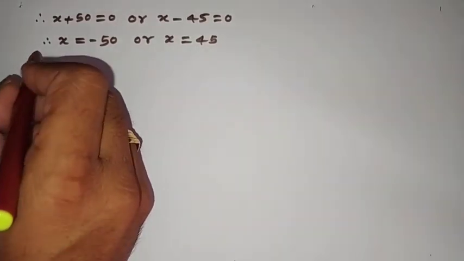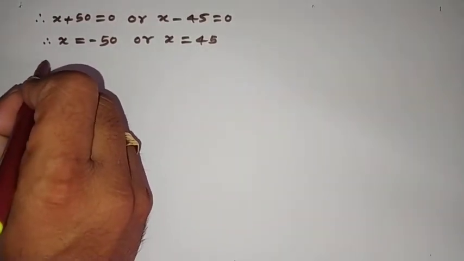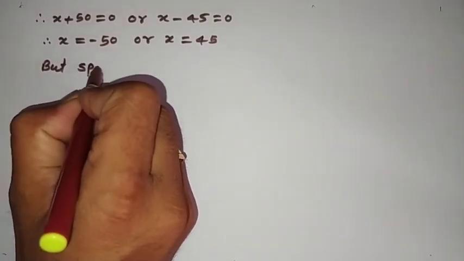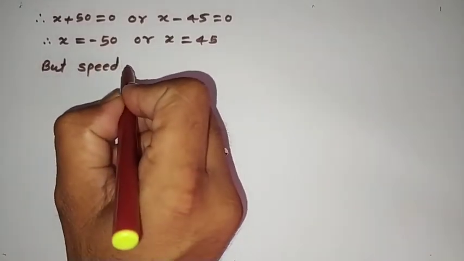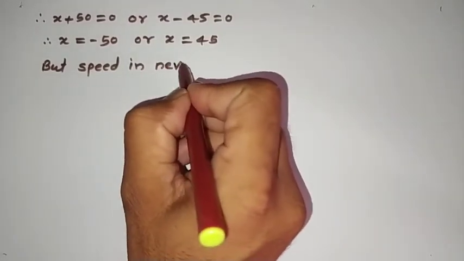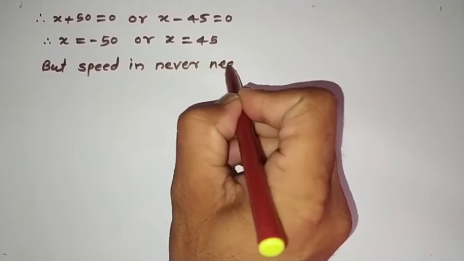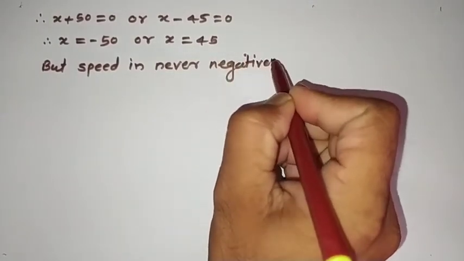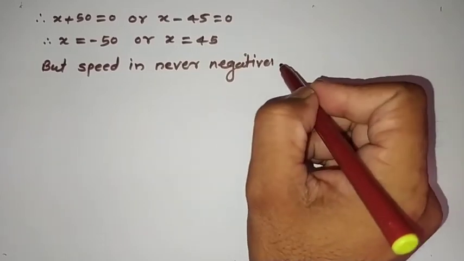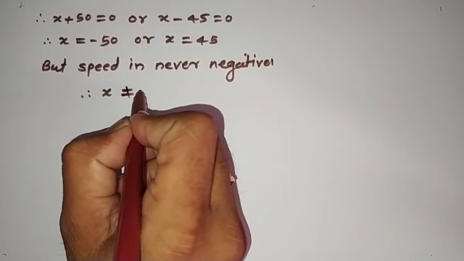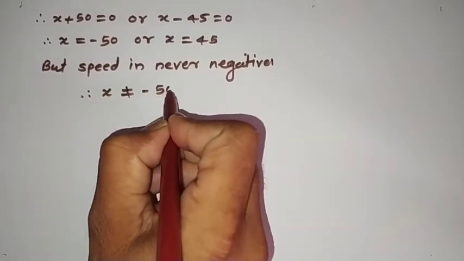But speed is never negative. Therefore x is not equal to minus 50.